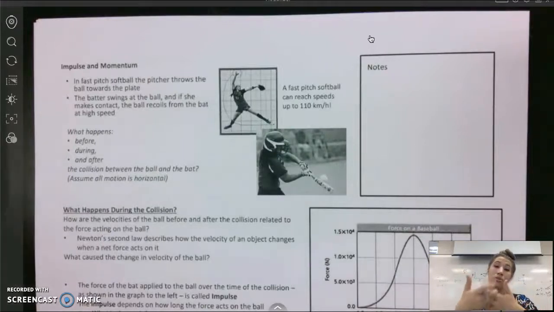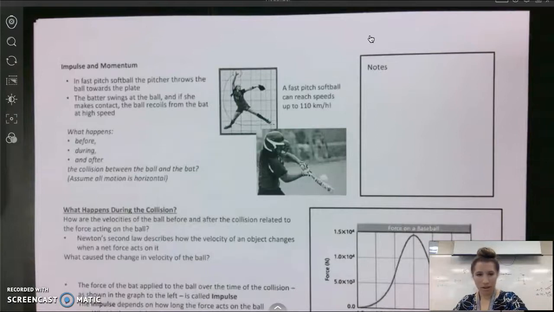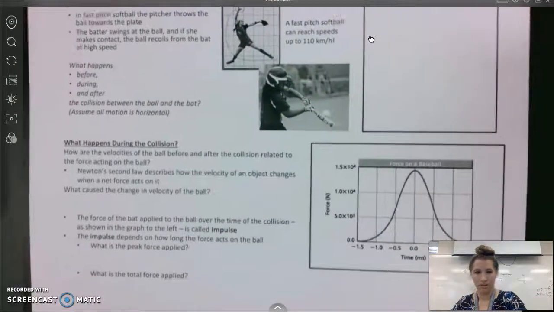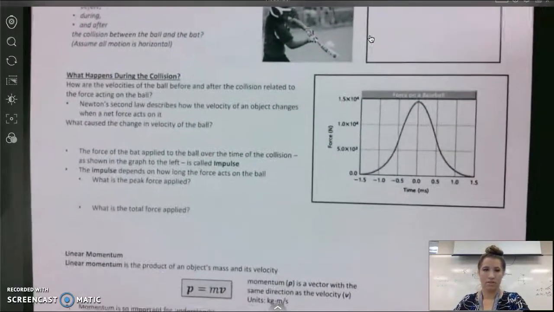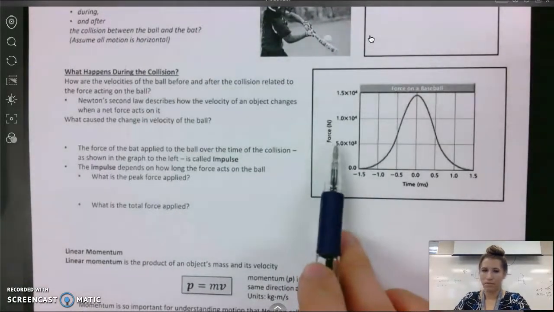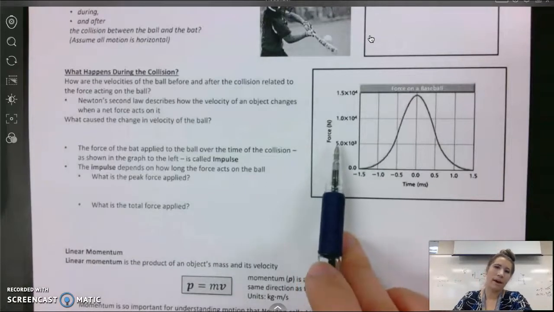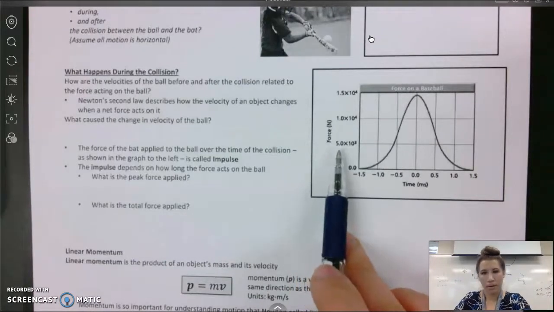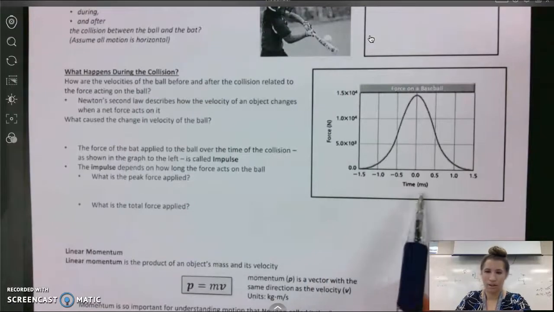One way that we describe that interaction is impulse, and let's look at how that would be viewed on a graph. Okay. So here's the graph of force, the force of the bat exerted on the ball over a time frame, and this is in milliseconds. Okay?